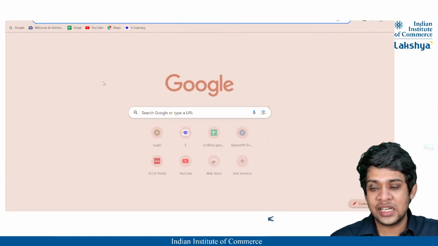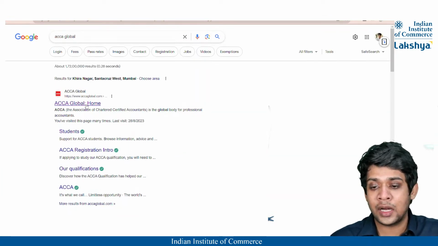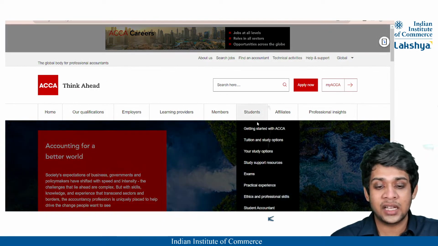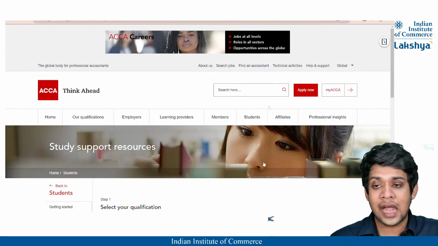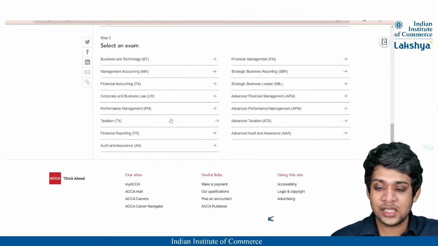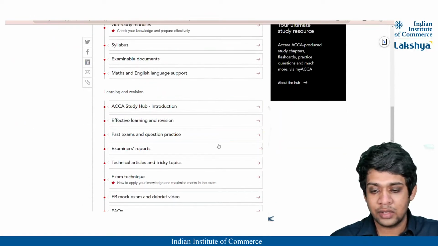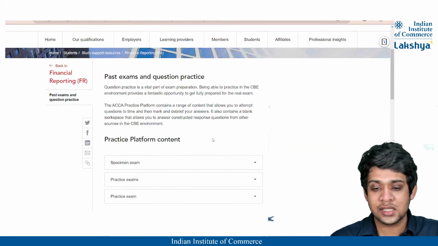And this was taken obviously from our mock paper only. So I'll just go back to the mock paper and also the mock paper answers that we had given last class. Let us check that also, if in case there are any wrong answers to that. Right? So ACCA qualification, financial reporting. We'll go to past exams and question practice.